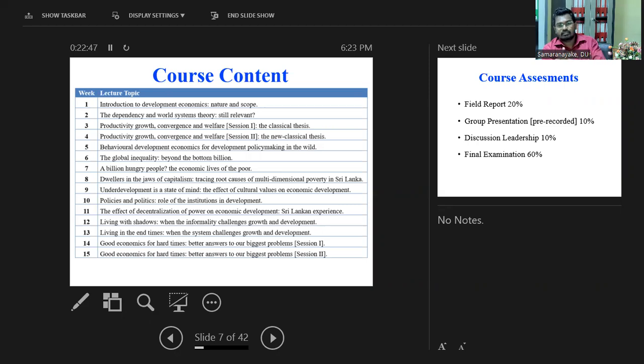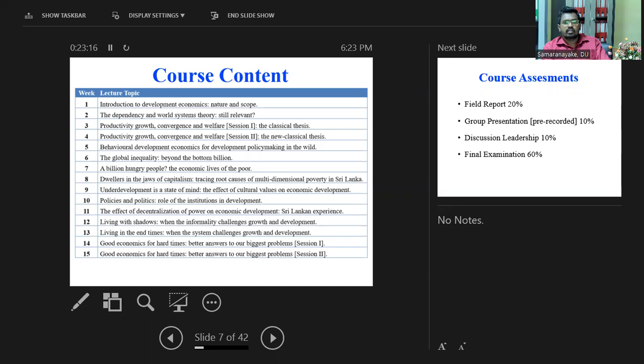That's why the second topic says the dependency and world system theory is still relevant, because we are not just learning about it, we are questioning the theories as well. Then the third and fourth are again theoretical aspects: productivity growth, convergence and welfare. We have two sessions for that aspect, concerning classical theories and also new classical theories.